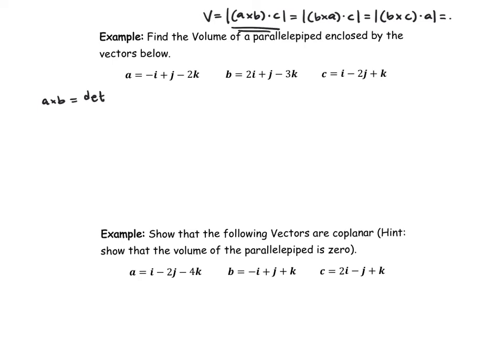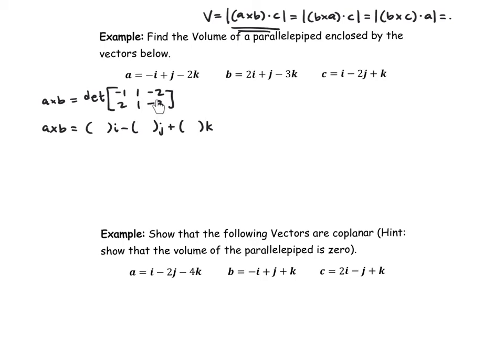I'm going to take the determinant of this matrix here: -1, 1, -2, and 2, 1, -3. That'll be A crossed with B. I'm going to get an I component, the opposite of my J component, and my K component. For my I component, I cover up the i's. I take 1 times -3 minus -2 times 1.